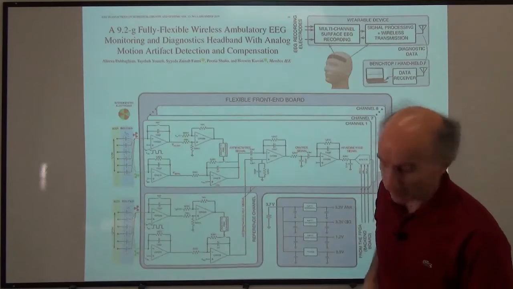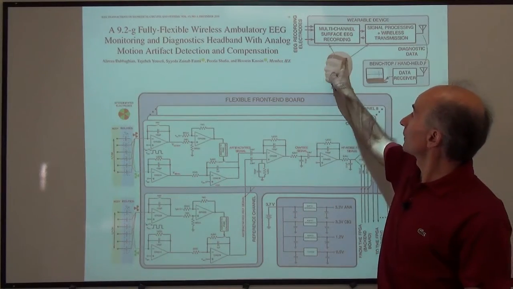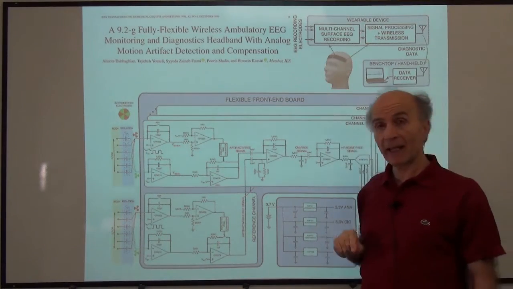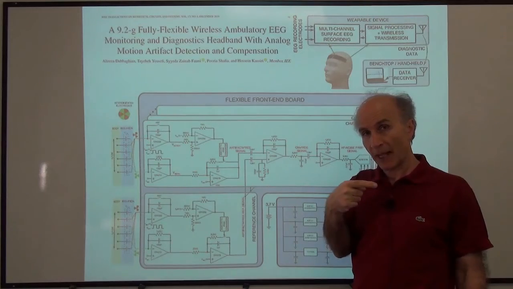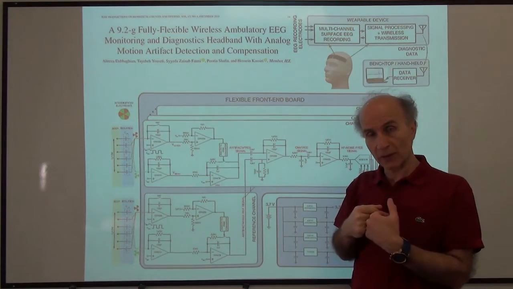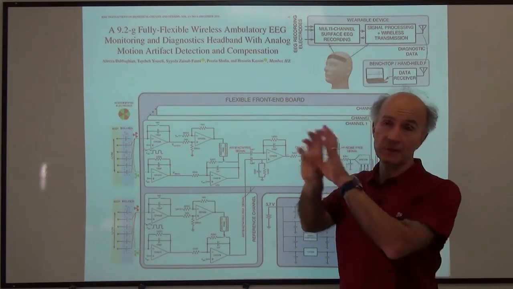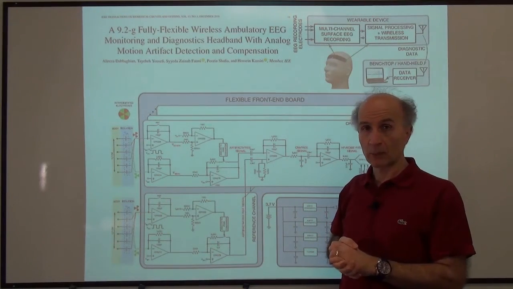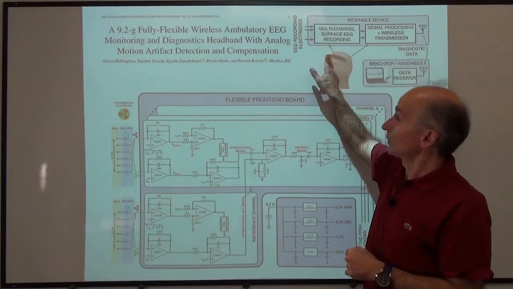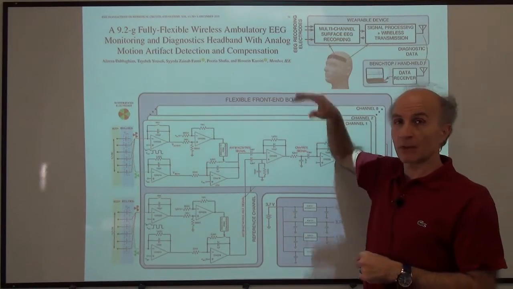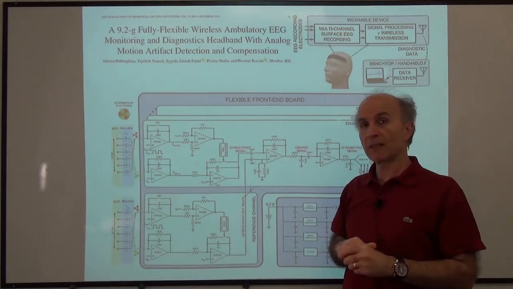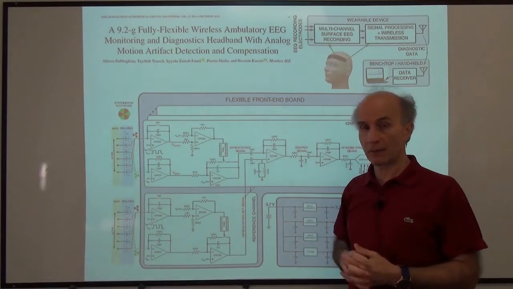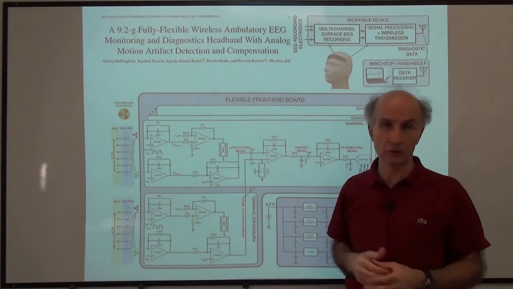Well, in this paper, they propose a little band that is attached to the forehead and it collects the brainwave information and then wirelessly transmits it out. That's an interesting idea, and by having enough electrodes, enough sensors to measure these activities, they can collect all the information from the patient, and the patient is free to move around.